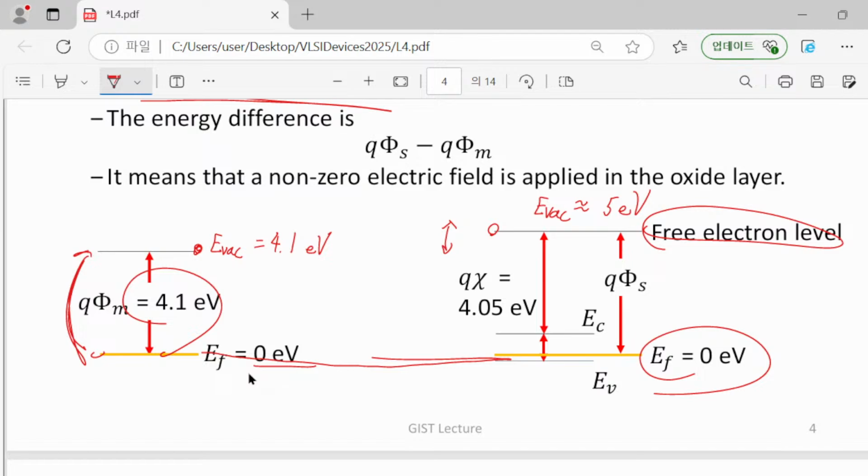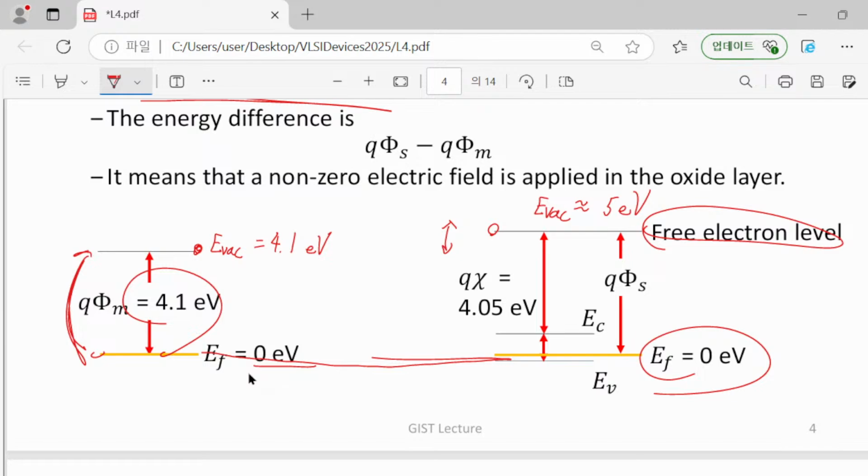I hope that all of you already attended the basic course for semiconductor physics. That happens also in a p-n junction. If you have the same material, silicon, but doped differently, and we merge them together, then although they belong to the same material system, we can have a built-in potential and built-in electric field in it.